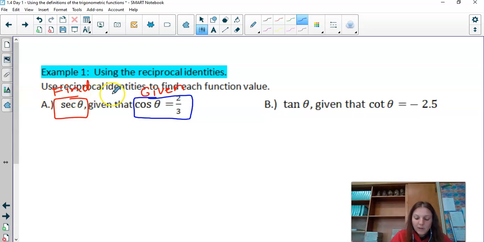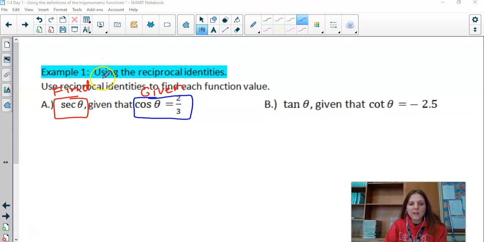Use the reciprocal identities to find each function value. So I'm looking for the secant of theta, given the cosine of theta equals 2/3. And by the way, if you need to pause and copy down these examples, please do. So pause now, write the title and the directions, and then write down example A, and then we'll solve it.